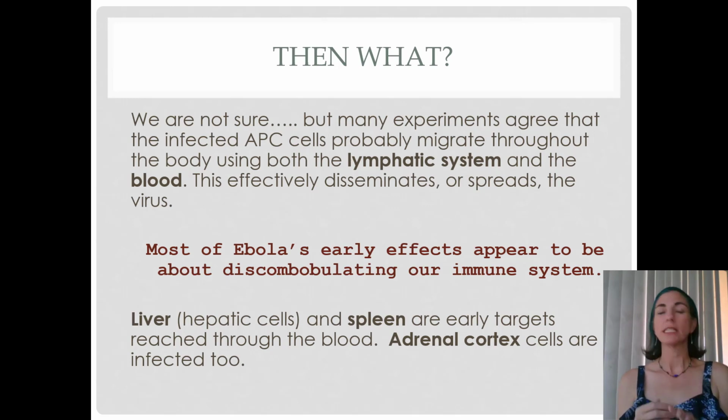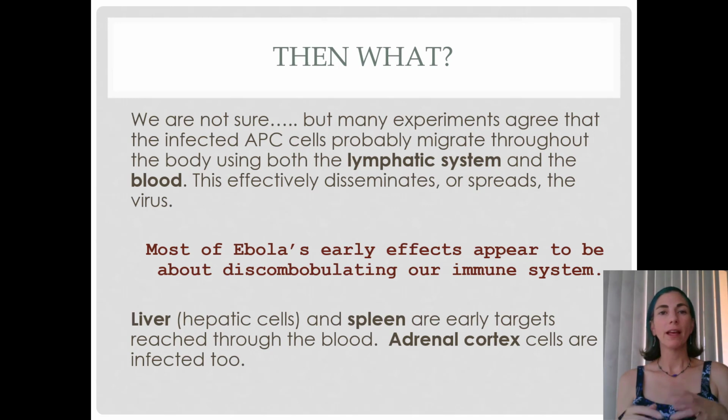In addition to antigen-presenting cells, Ebola also infects hepatocytes in the liver, the spleen, and the adrenal cortex. The liver is a major site of production of plasma proteins, including the plasma proteins involved in the coagulation cascade, the clotting response.